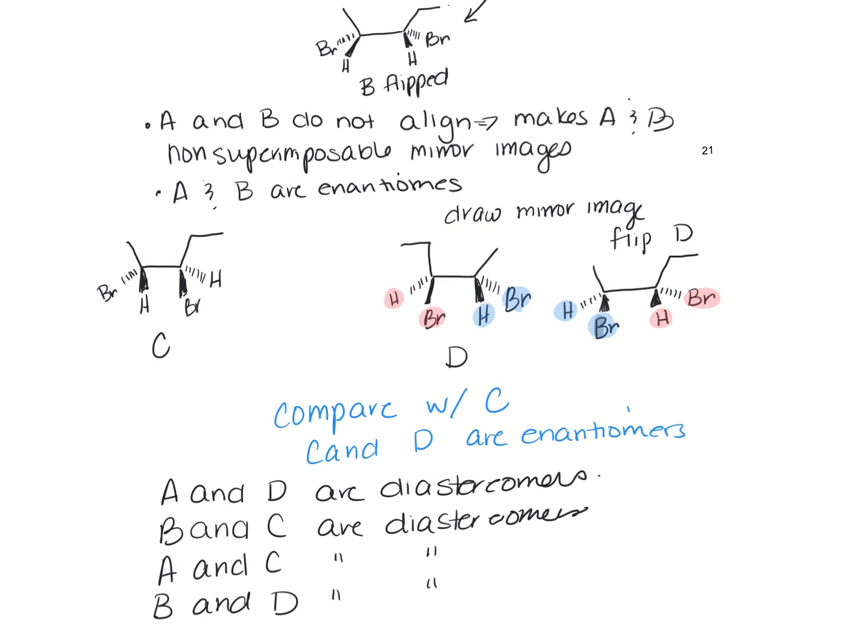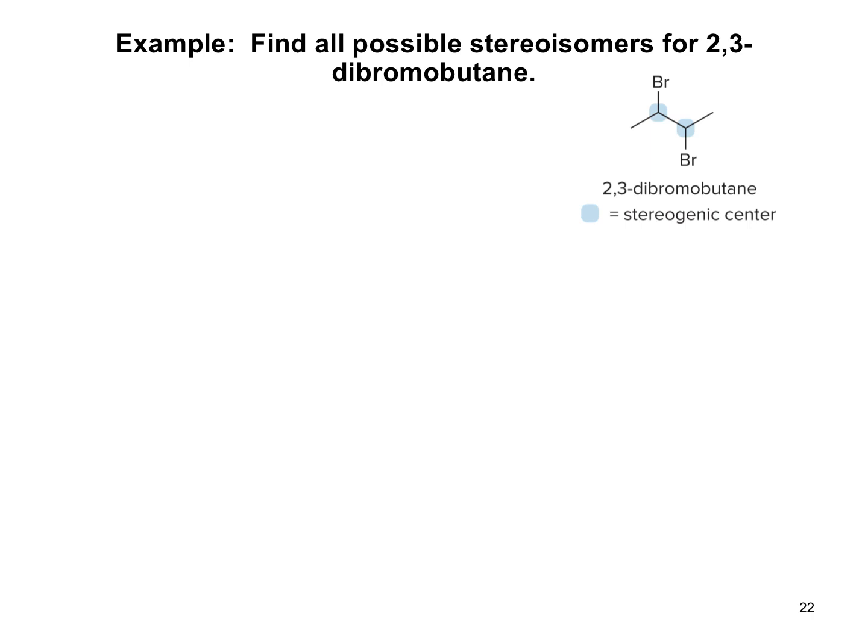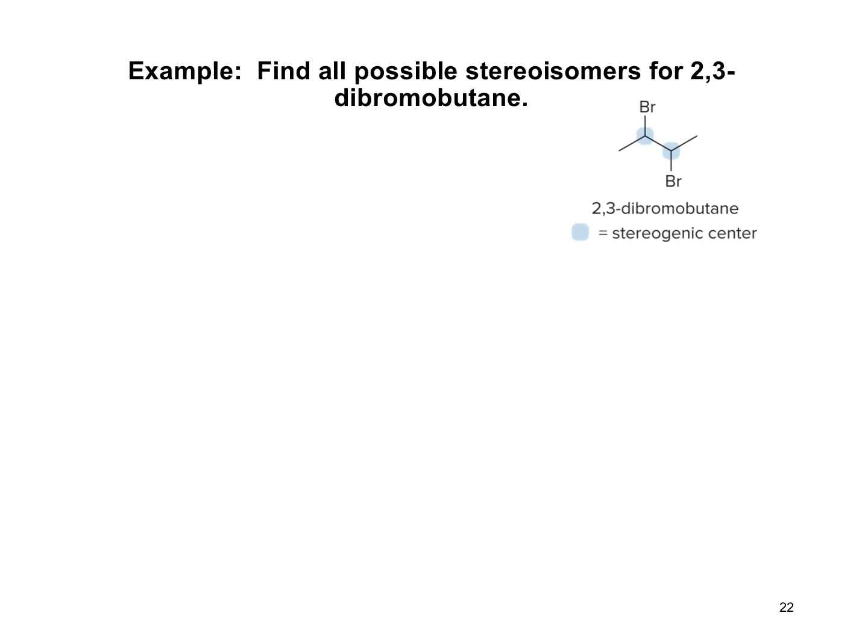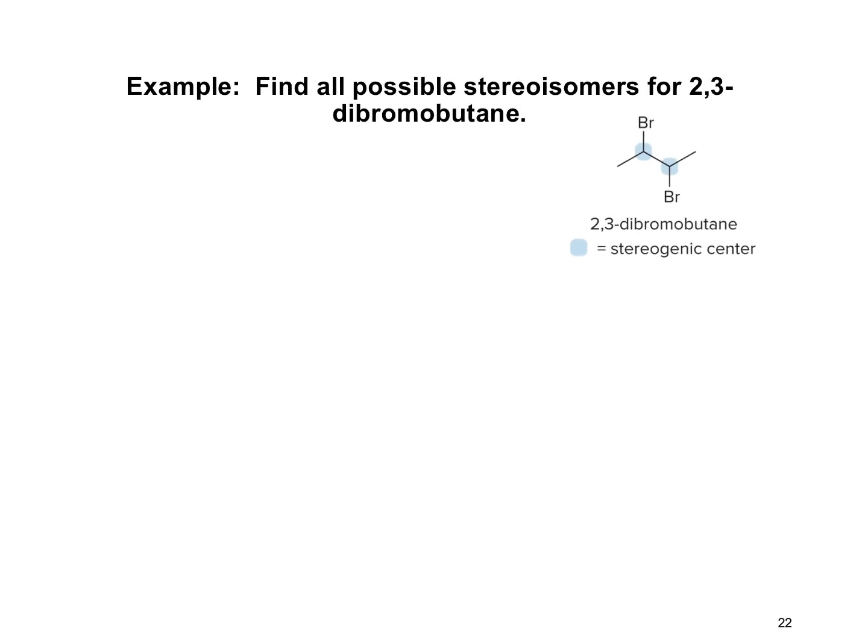Let's do another example. So in this example, we are looking at the stereoisomers possible for 2,3-dibromobutane, okay? And so we need to figure out how many we can have, and this has 2 stereogenic centers. So again, it's 2 to the nth, 2 to the second. And so we can have a max of 4, okay?